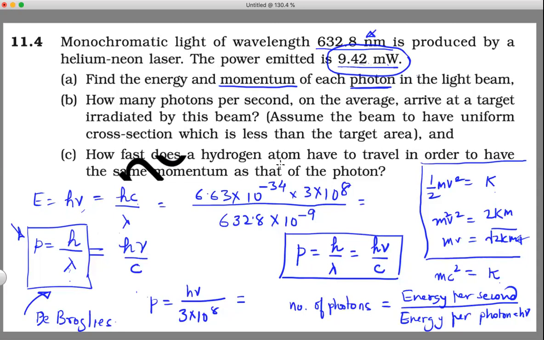How fast does a hydrogen atom have to travel in order to have the same momentum as that of the photon? Now, for this question, we will use what Deepika was saying at that time. We will use this formula: the momentum is under root 2 K into m.